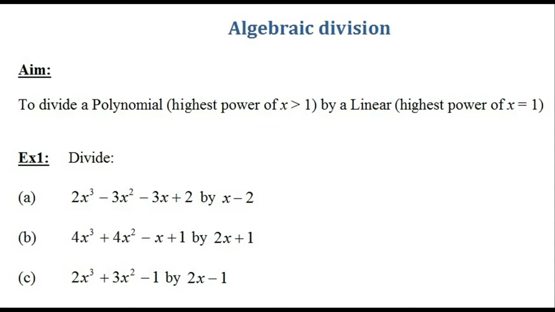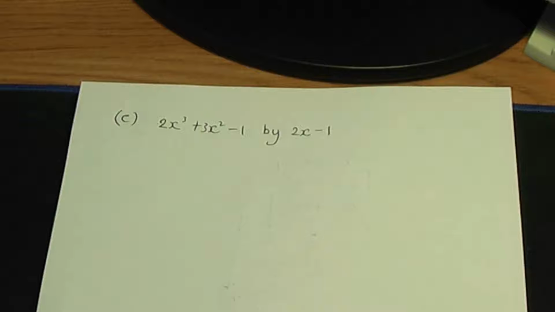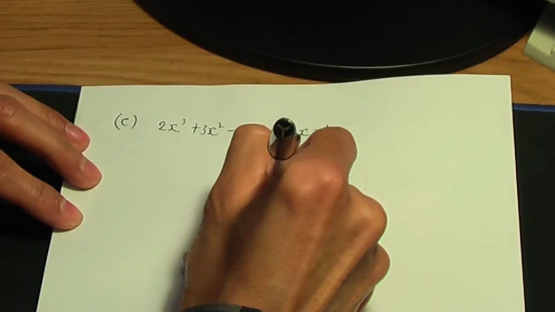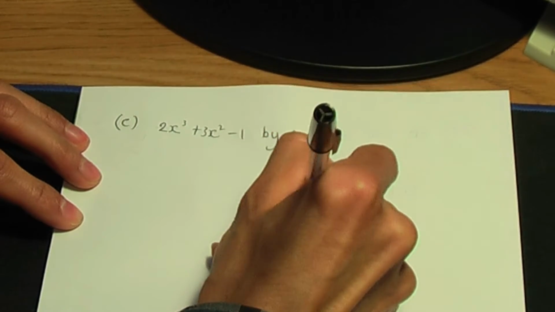So part C is to algebraically divide 2x cubed plus 3x squared minus 1 by 2x minus 1. Okay, so if we go back to the paper and pen, we're dividing 2x cubed plus 3x squared.